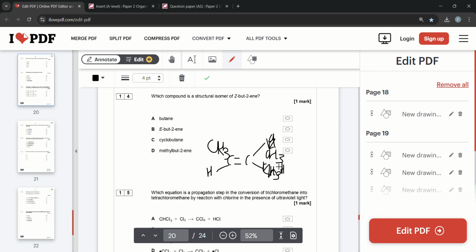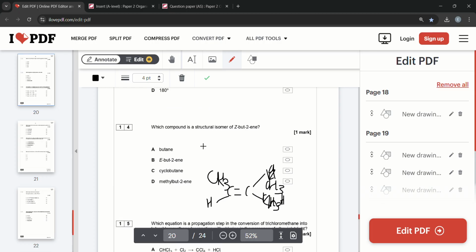CH3. So which one's the structural isomer of that? We draw a butane. Definitely not going to be butane. E-butene, no, that's not going to be a structural isomer of it. It's going to be cyclobutane.